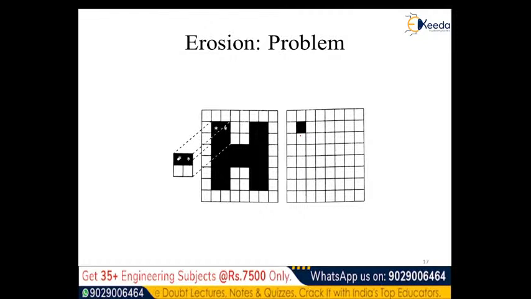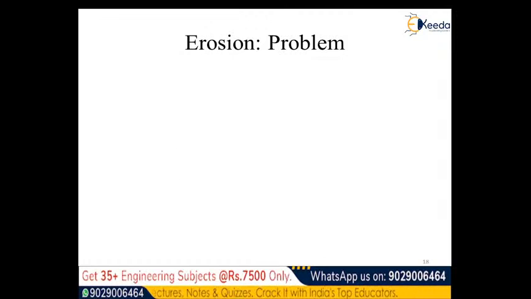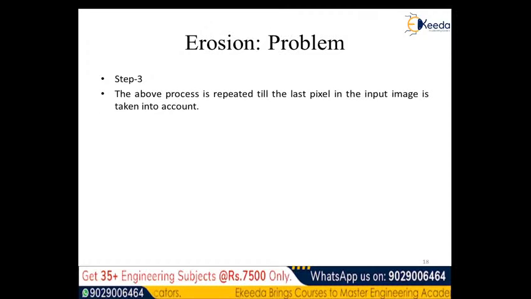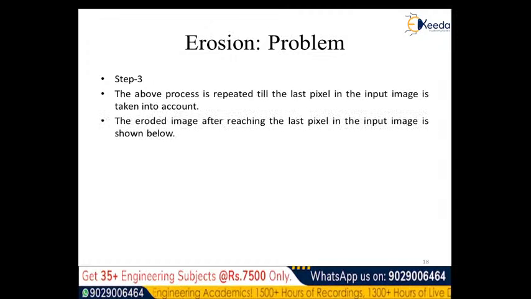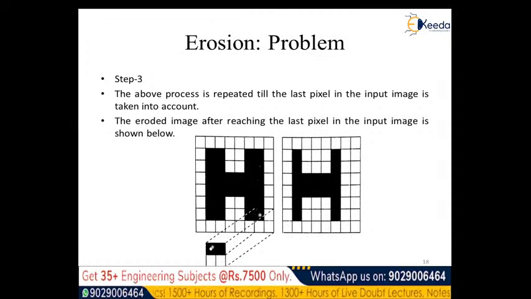So let us have the next step, that is step 3. In step 3, the above process we are supposed to repeat till the last pixel entry into the input image plane. So the eroded image, after we perform this repeated process, reaching the last pixel into the image plane, we are getting the visualization of the resultant.